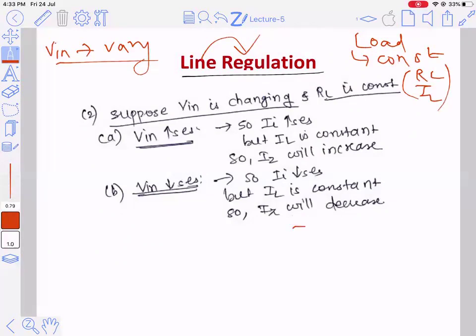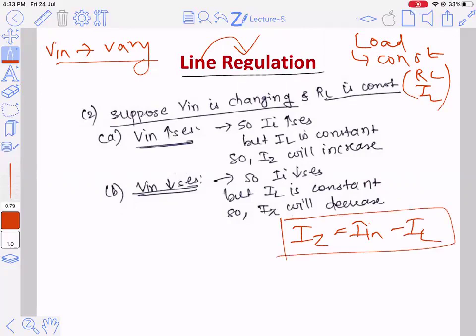What is the equation I have? IZ equal to In minus IL. IL is constant, and In is varying.